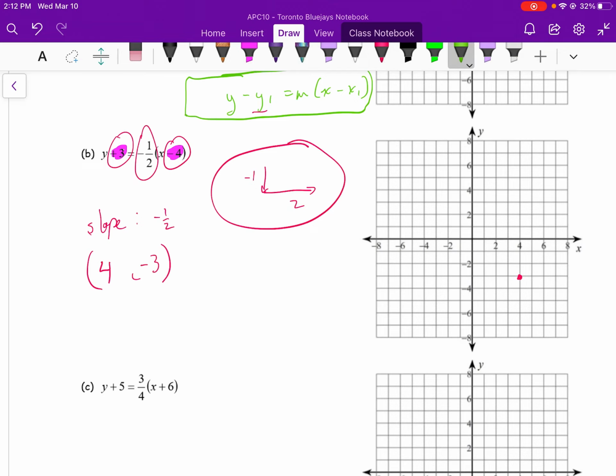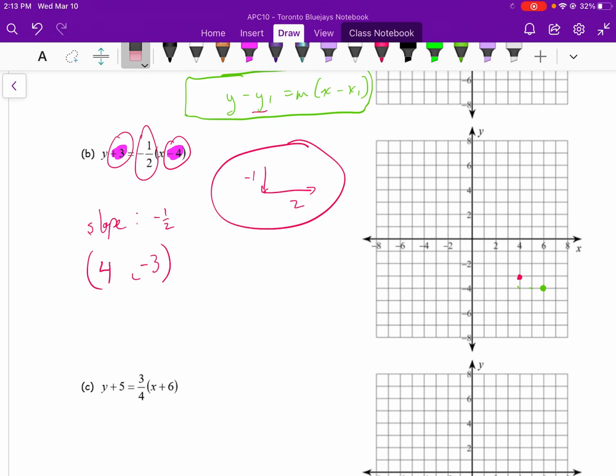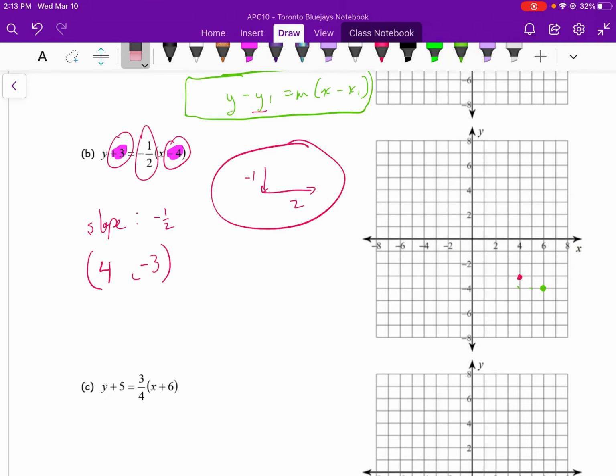What do I know? I know my slope is -1 over 2. So I'm going to count down 1 over 2 units, and I have another point there. Really wish I had a ruler here. Not that you guys have a ton of time to watch me struggle, but I'm just going to say, let's draw a shape.